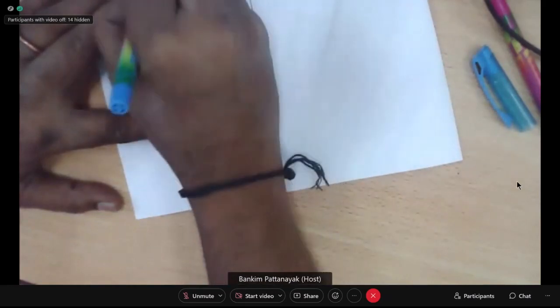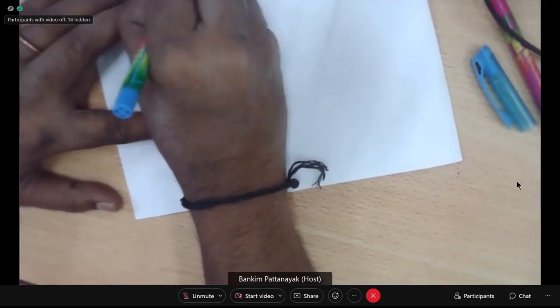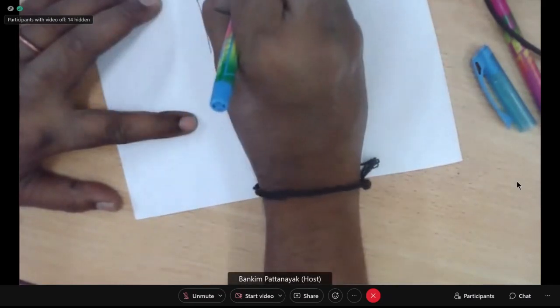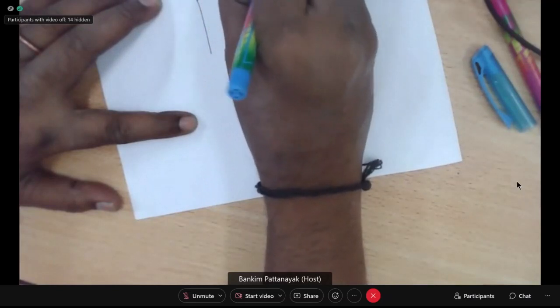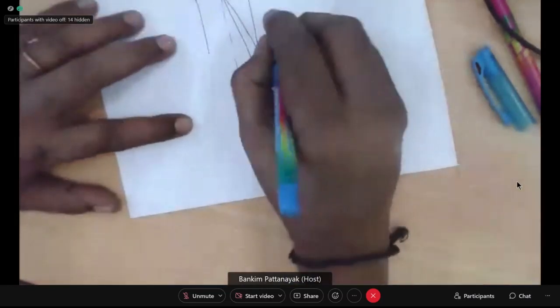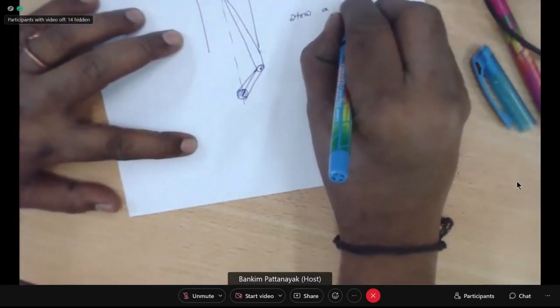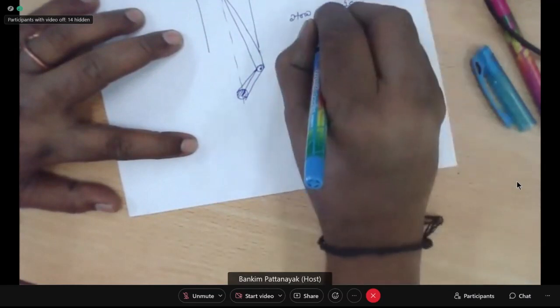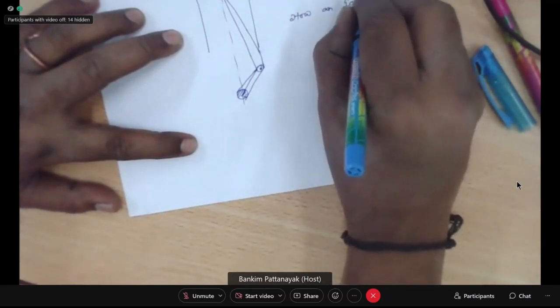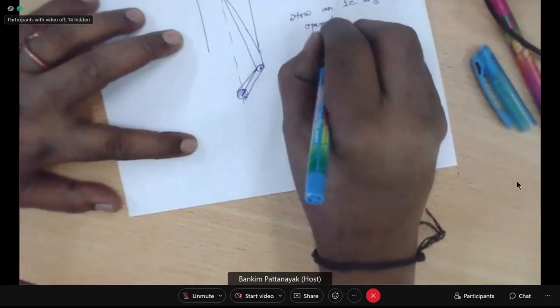This is inlet valve. This is outlet valve. How an IC engine operates, just a brief.